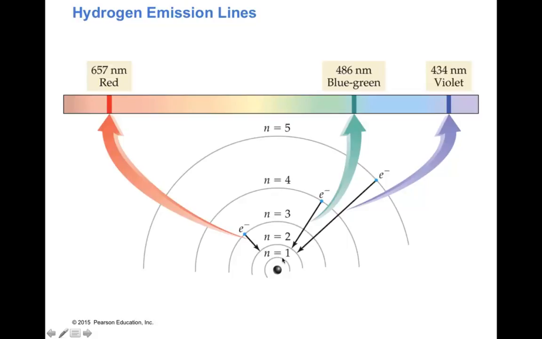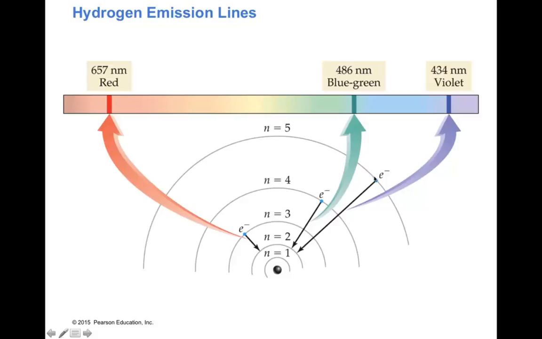The same electron could reach n equals 4. When it relaxes to n equals 2, it releases an amount of energy that corresponds to a wavelength of 486 nanometers.